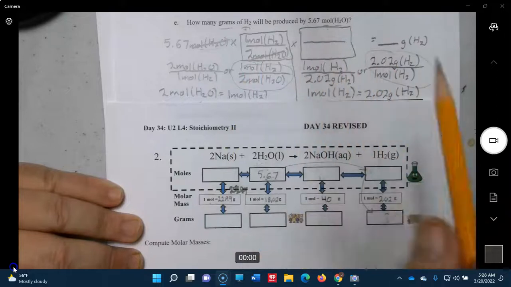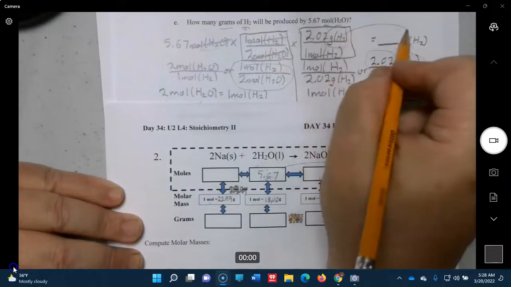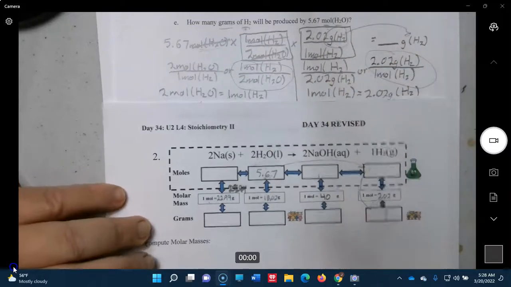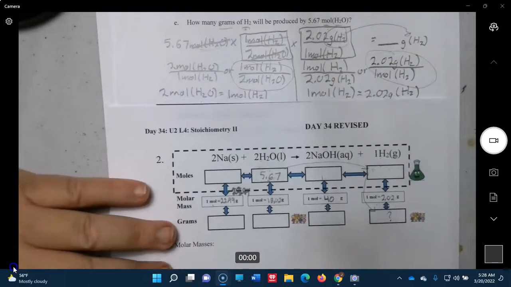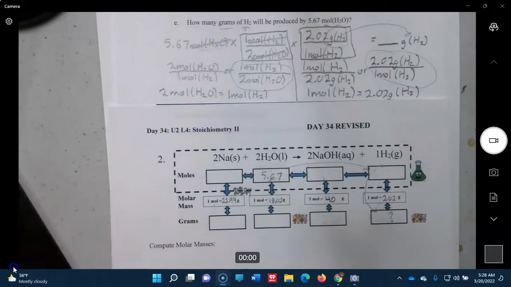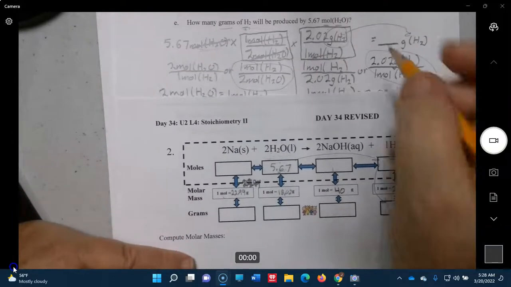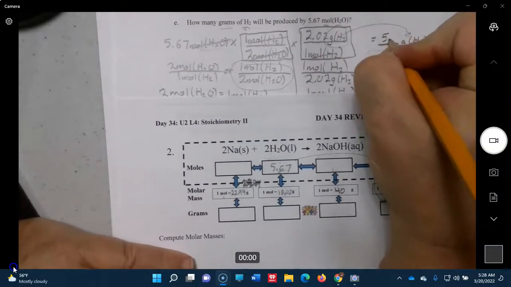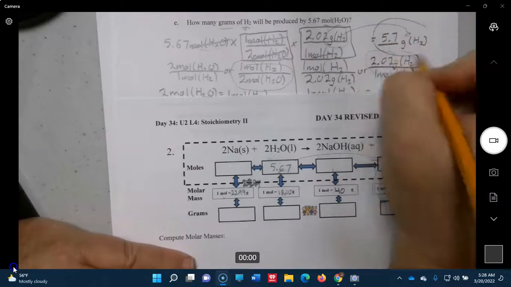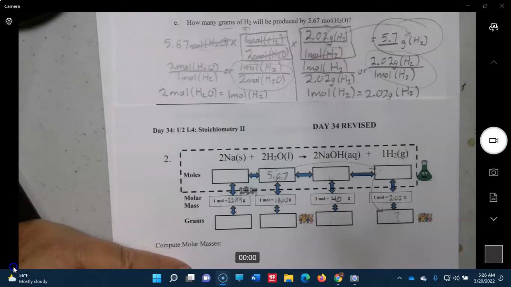Cancel, cancel. Last man standing is grams of H2. So it's 5.67 times 1 times 2.02 divided by 2 divided by 1. And that gives us 5.7.